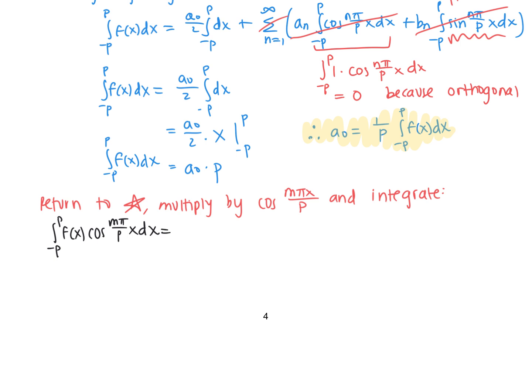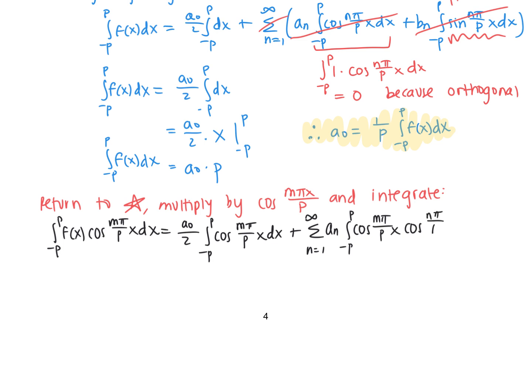And that gives us a0 over 2, the integral from negative p to p of cosine of m pi over p x dx, plus the sum from n equals 1 to infinity, a of n, we then have the integral from negative p to p of cosine of m pi over p x cosine of n pi over p x dx.